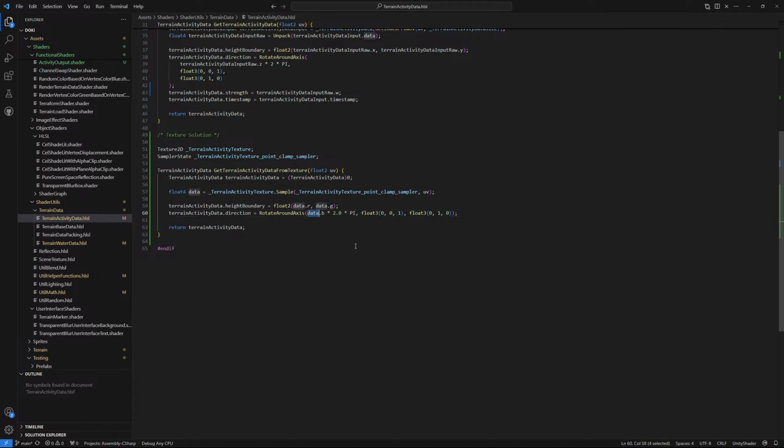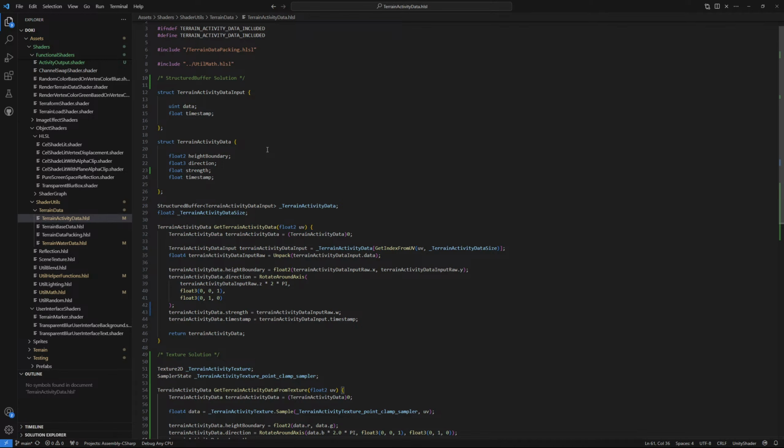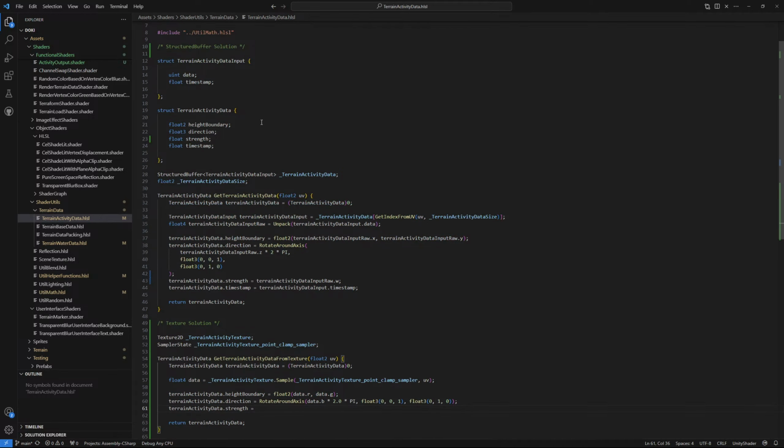So our direction in data B is a value between 0 and 1. It explains how much we rotate around up, or how much we rotate forward around up. So I think we want to do it like this. Should be normalized, so we don't care about that. Terrain activity data strength is equal to, and this is where we want height range and stuff like that again.